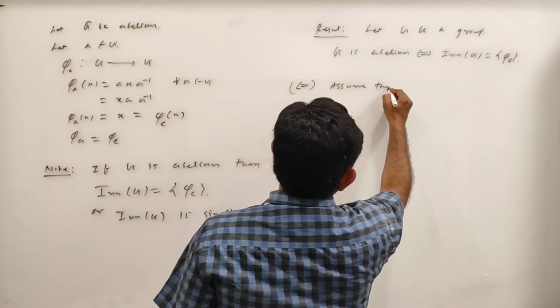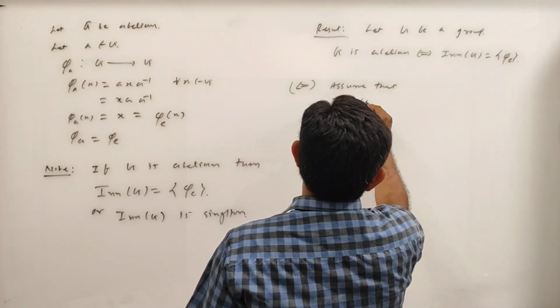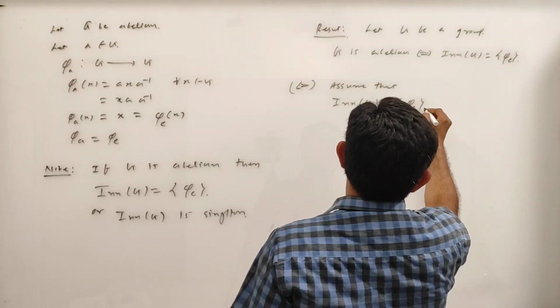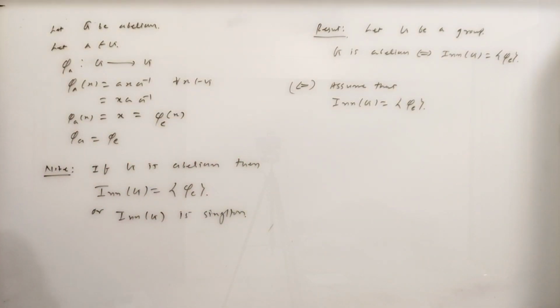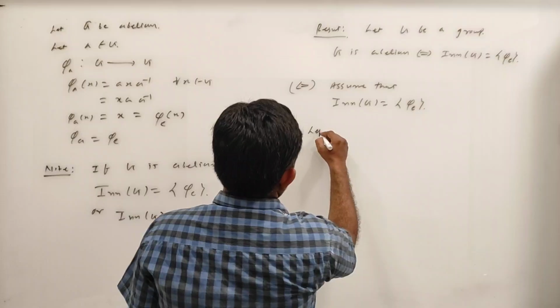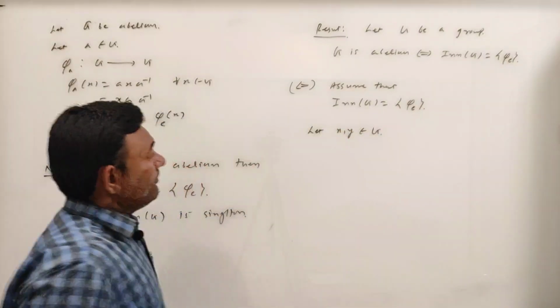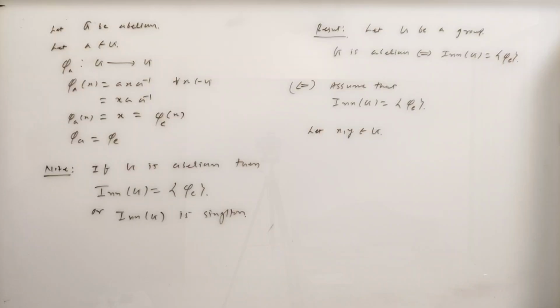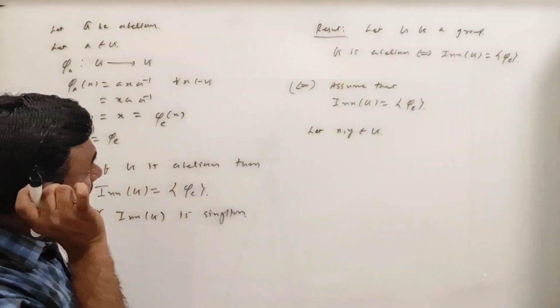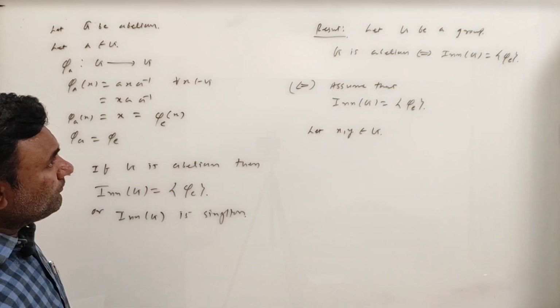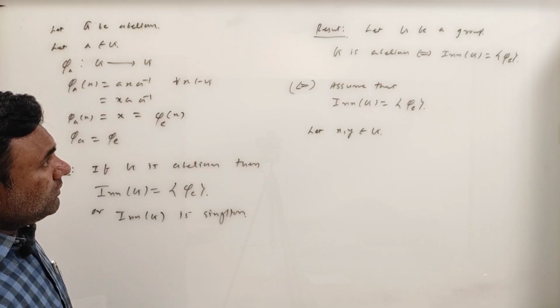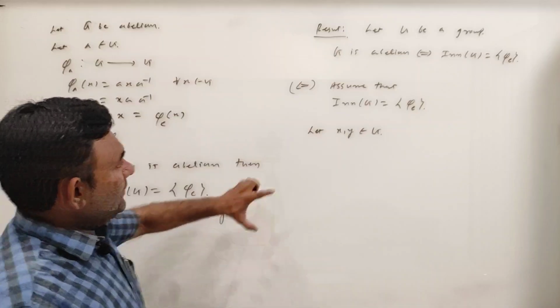You assume that Inn(G) contains only this one element, the singleton. My claim is that G is abelian. So let x and y belong to G. We are not proving this right now.